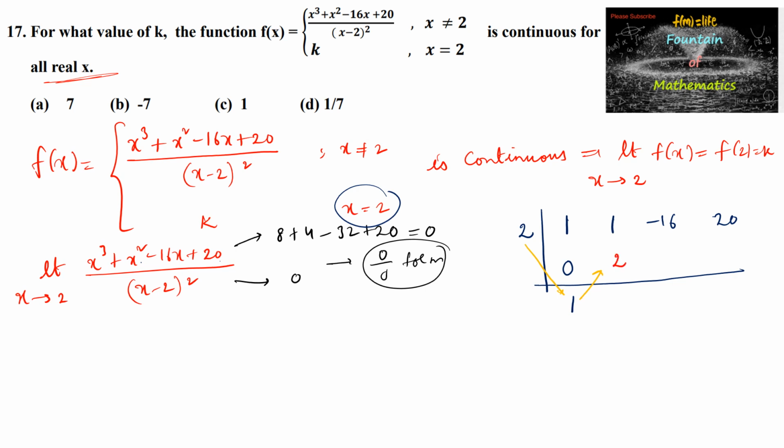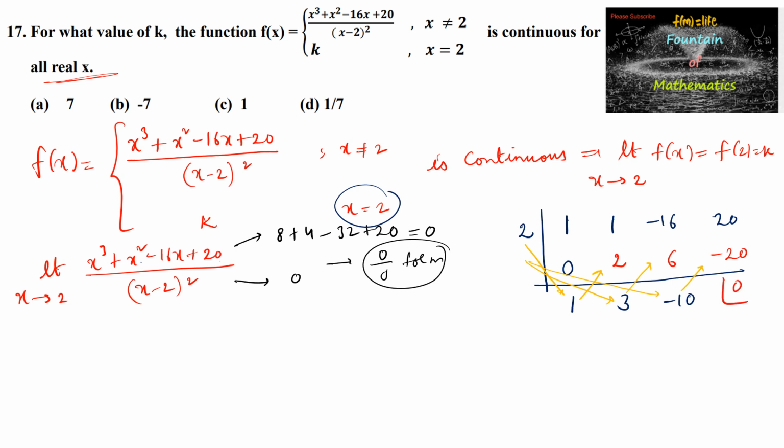Now 1 plus 2 is 3, and again 2 into 3 is 6, that 6 is written here. So minus 16 plus 6 is minus 10, and again 2 into minus 10 is minus 20, which should be written here. So we get minus 20, 20 minus 20 is 0.